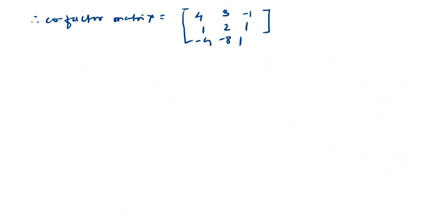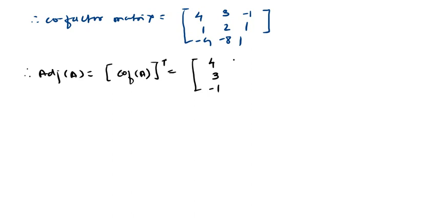So this is our cofactor matrix. So from this we can find the adjoint of the matrix A, which is the transpose of the cofactor matrix. So take its transpose. This will be 4 3 minus 1, 1 2 1, minus 4 minus 8 and 1. So this will be the adjoint of the matrix A.